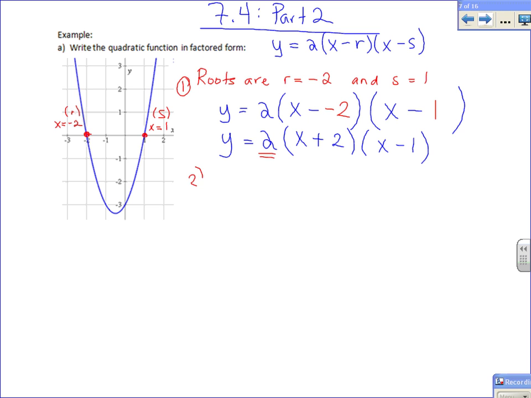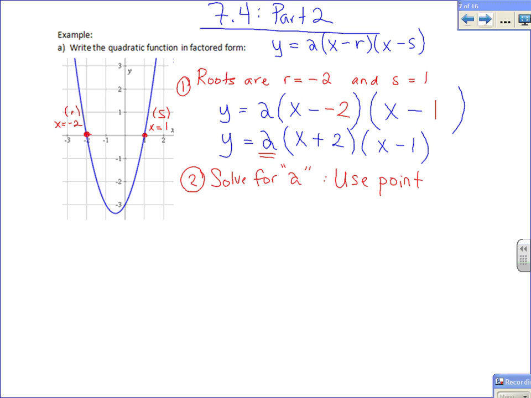The second step is I need to choose a point from my graph and substitute it into this equation to solve for a. I'm going to use a point that will be easy to substitute into my equation, and I also want to choose a point from my graph where it is very easy to identify the coordinates.